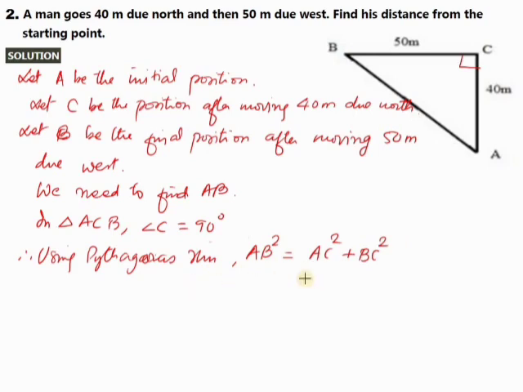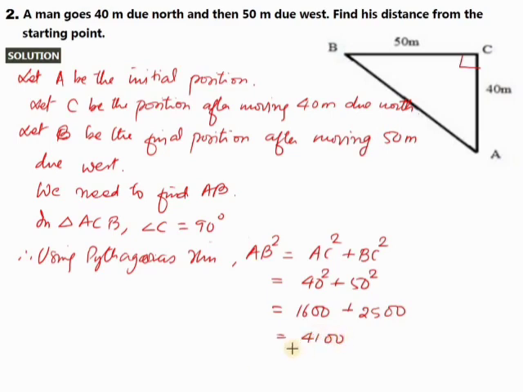We have AC given to be 40, so 40 squared, right? BC is given to be 50, so we have 50 squared. This turns out to be 1600 plus 2500, isn't it? So add them up, you get 4100, isn't it?